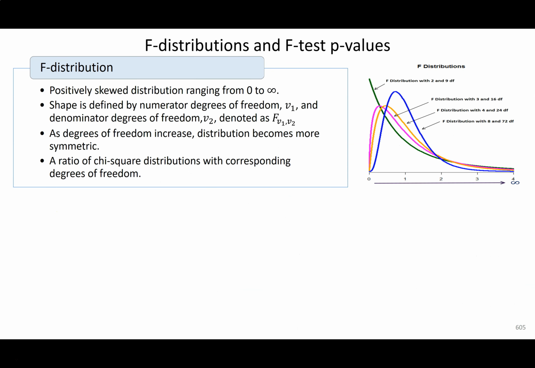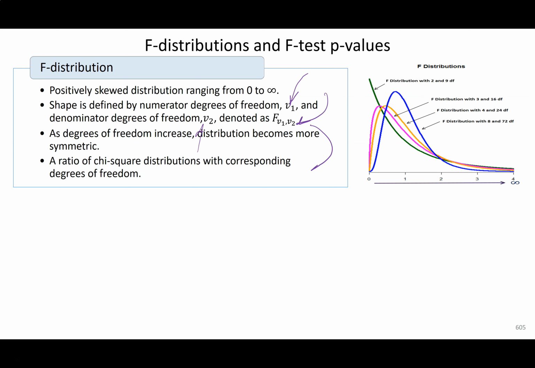High tail. So F distribution, reminding you, it's positively skewed or right skewed, so the tail is over here, and it goes from 0 to infinity. We define it by numerator degrees of freedom, nu 1, this is a Greek letter nu, and denominator degrees of freedom nu 2. We denote it as an F statistic with numerator degrees of freedom nu 1 and denominator degrees of freedom nu 2.